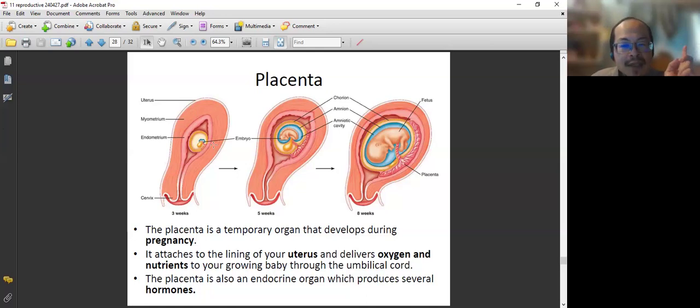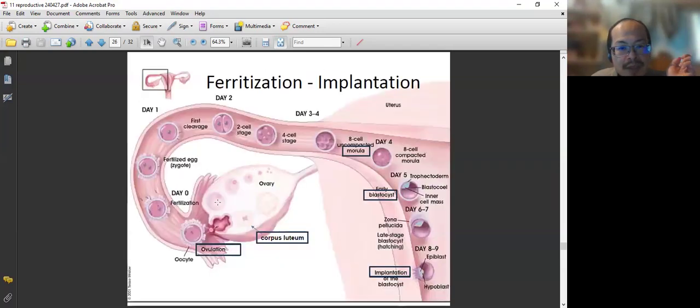We have the placenta almost a week after the fertilization. So let me show you here. This is the fertilization, day 0. After a week, you have the placenta right here. That's how you implant in mothers. You have to have the interface, and that interface is the placenta.